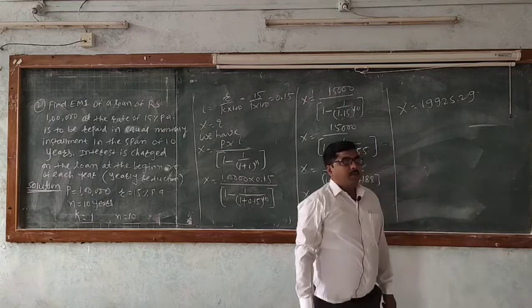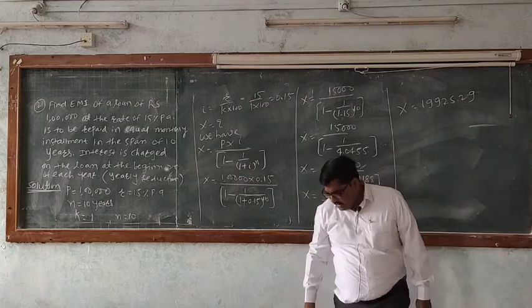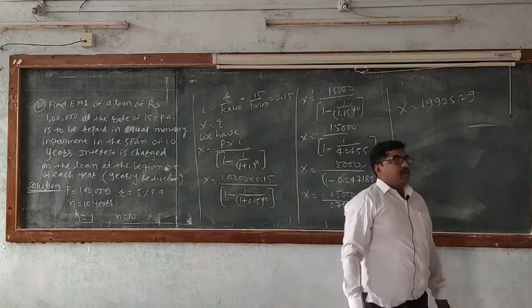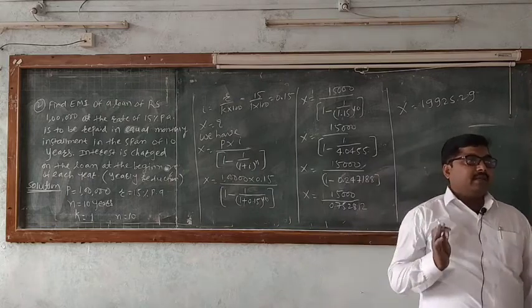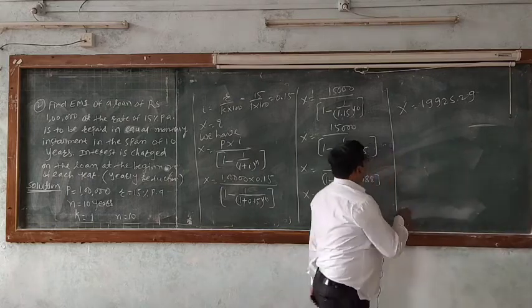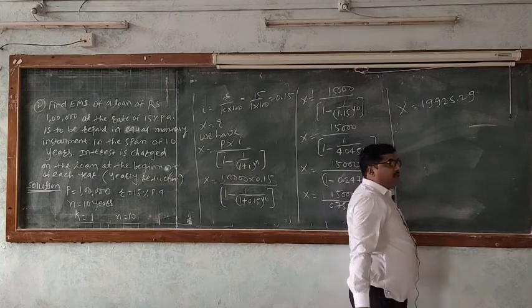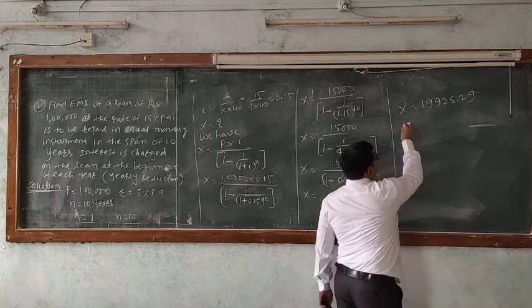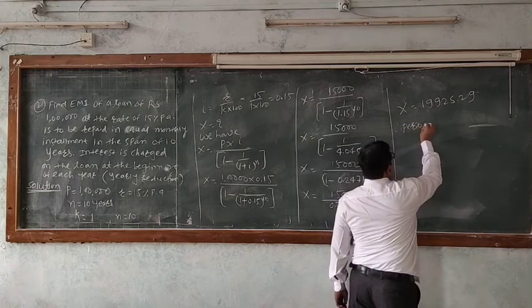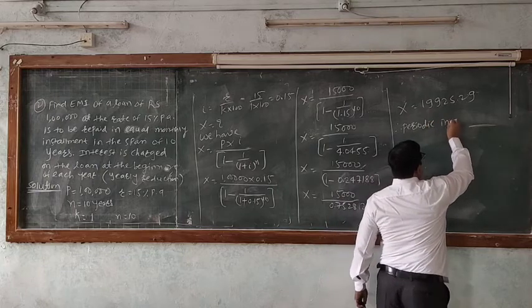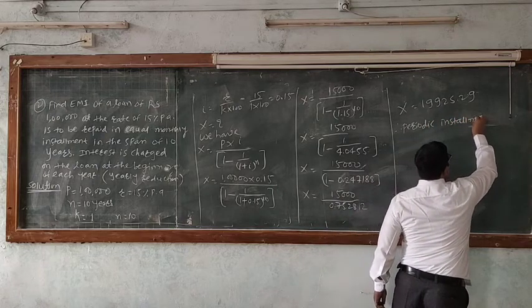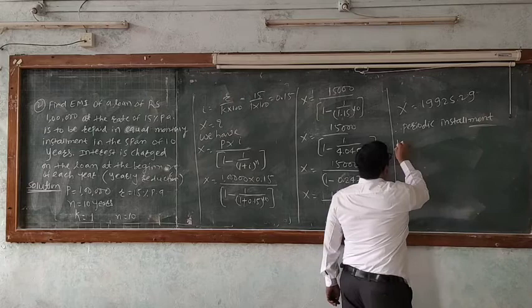This is your periodic installment. What is your period? Period is year. Therefore, the periodic installment is rupees.